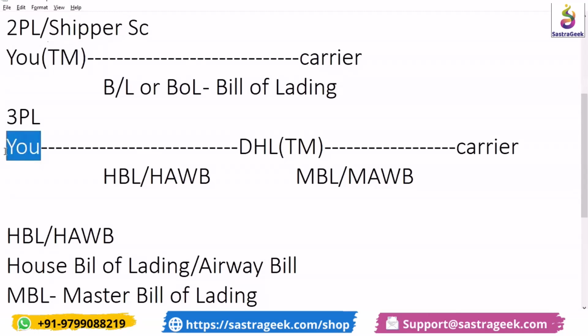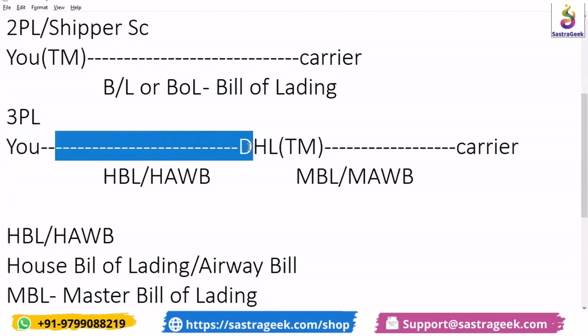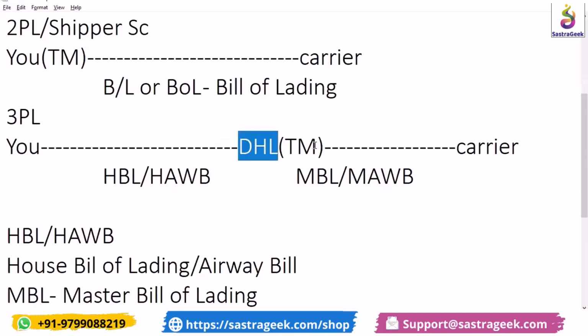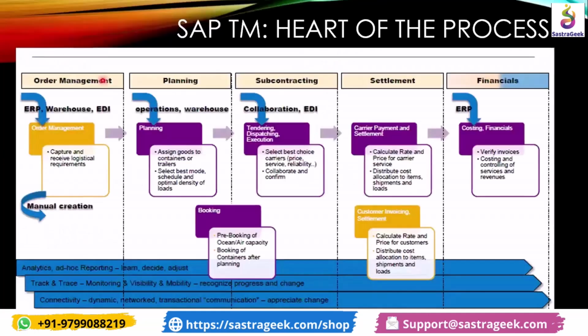This guy, for example, will be having some web UI application. From there, he's receiving an order, and ultimately that is passed on to DHL. And an order gets created in the DHL's TM system, called an order, which contains your details inside it.